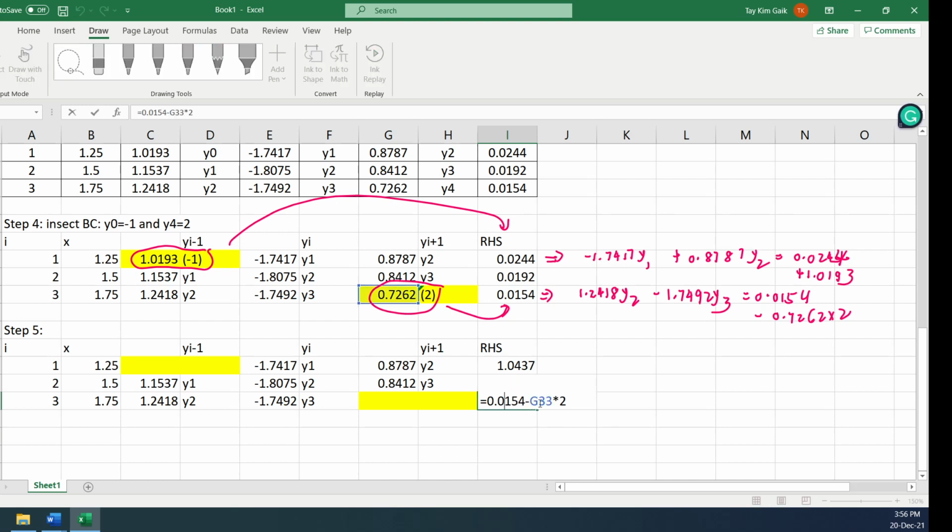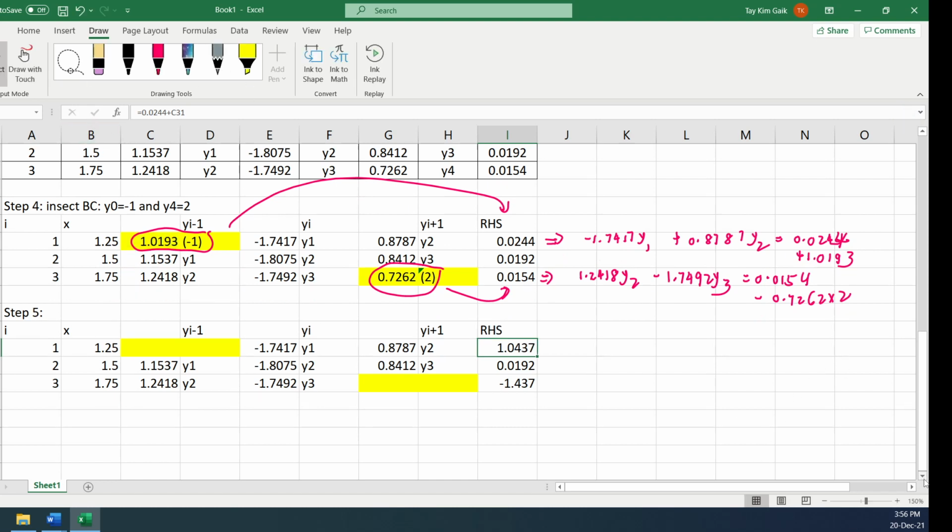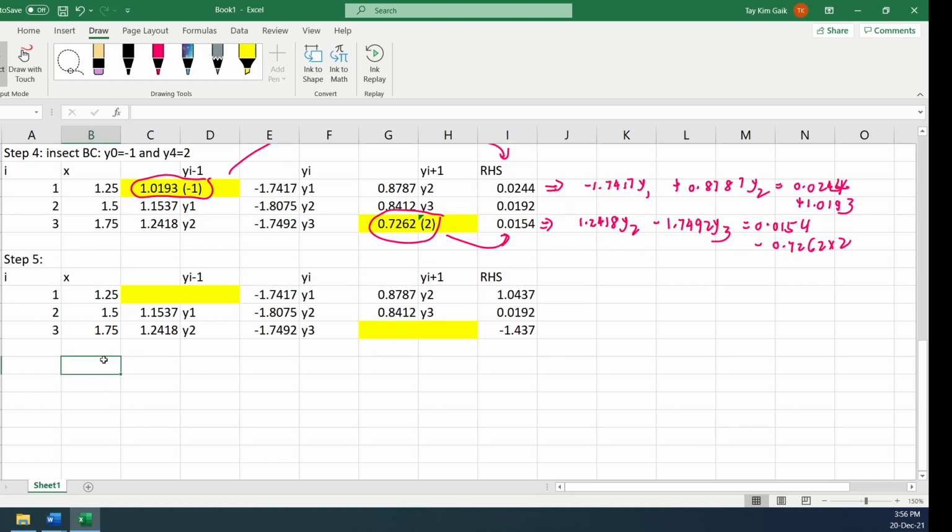So their updated value is here. You see here, G33 is here, multiplied by 2. This one you see is plus here. And then now you get your system of linear equations. I can label it. This is y1, y2, y3.